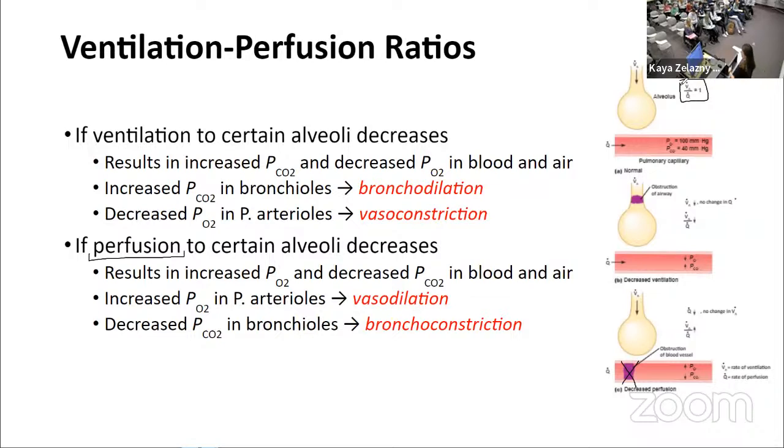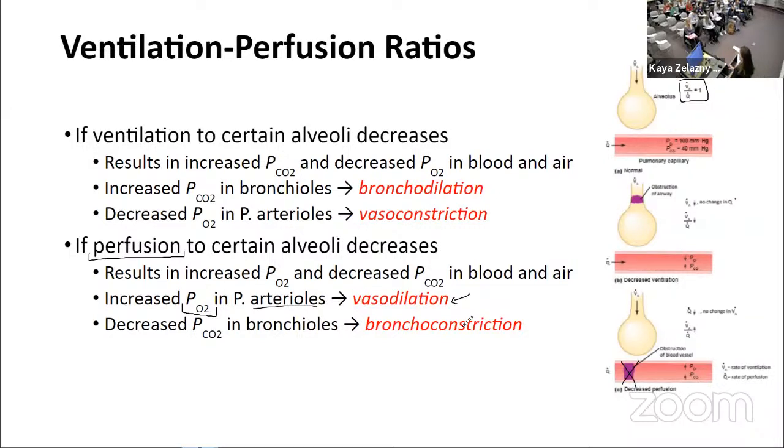So if we've blocked our blood flow, one thing we're going to want to do is try to unblock it. We're going to try to make that blood vessel wider to get around the blockage. So that's this vasodilation piece. We're going to try and make that blood vessel bigger to get more blood. That's a response to oxygen by the arterioles.